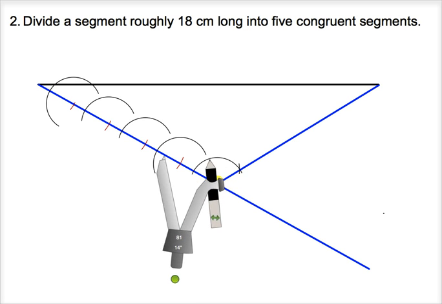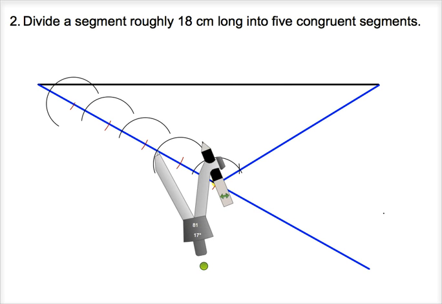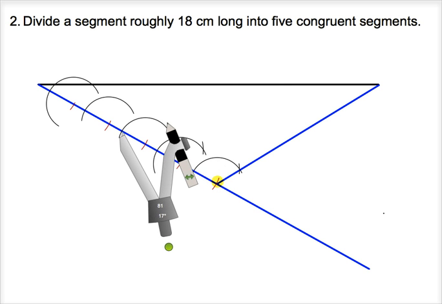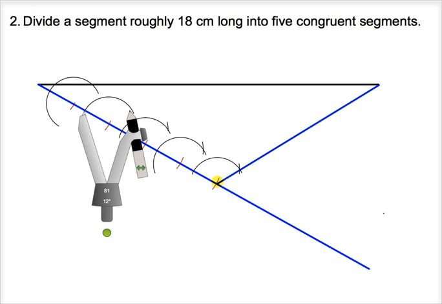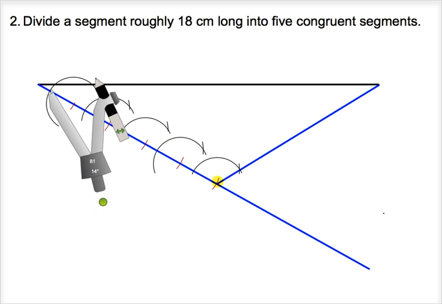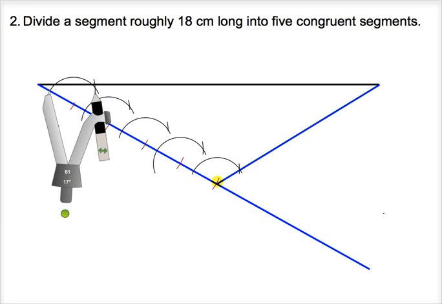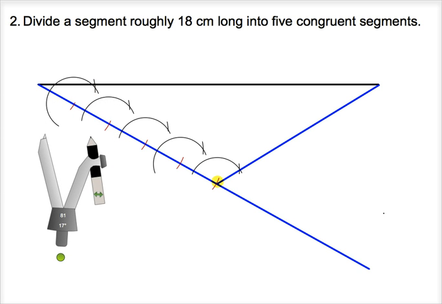Looks like about that size, so I copy that over. And once I have all of my arc lengths measured off, I can just draw in all the new angles. And that should give me 5 congruent pieces.